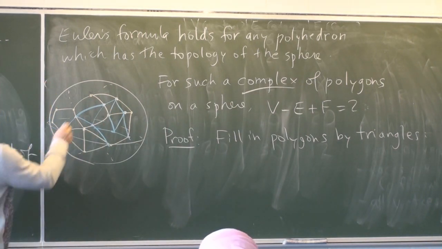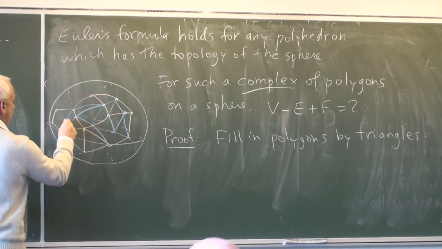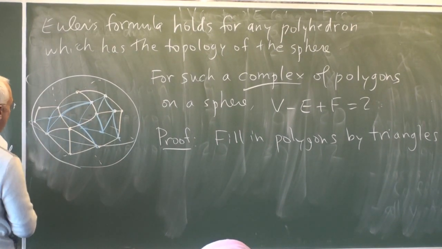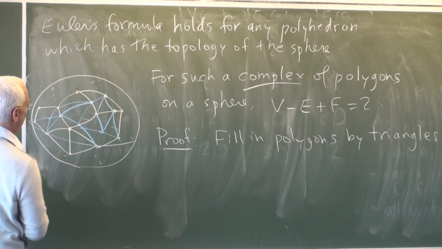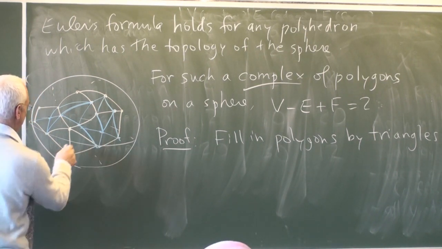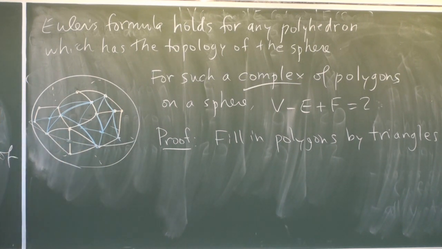Okay, my example so far, have I got triangles? Not quite yet. There's one more. Oh, that was the equator. Okay, just keep doing it until the polygons are lots of little triangles.